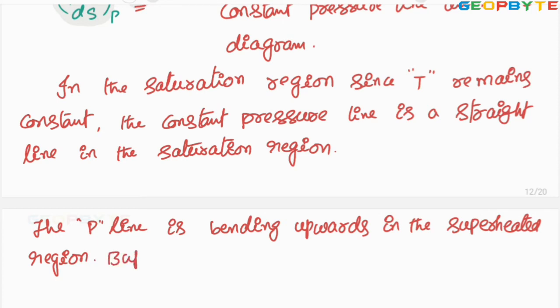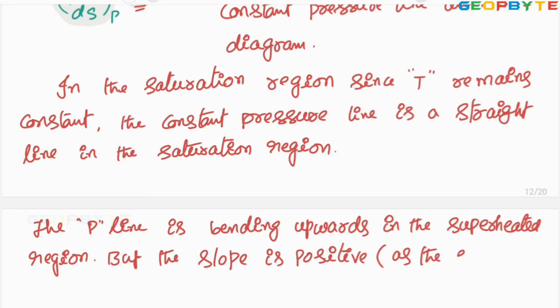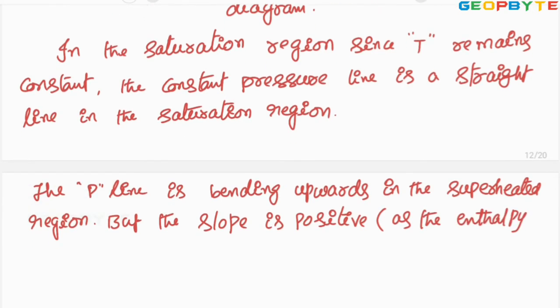But the slope is positive. Slope is positive means as the enthalpy increases, entropy also increases.